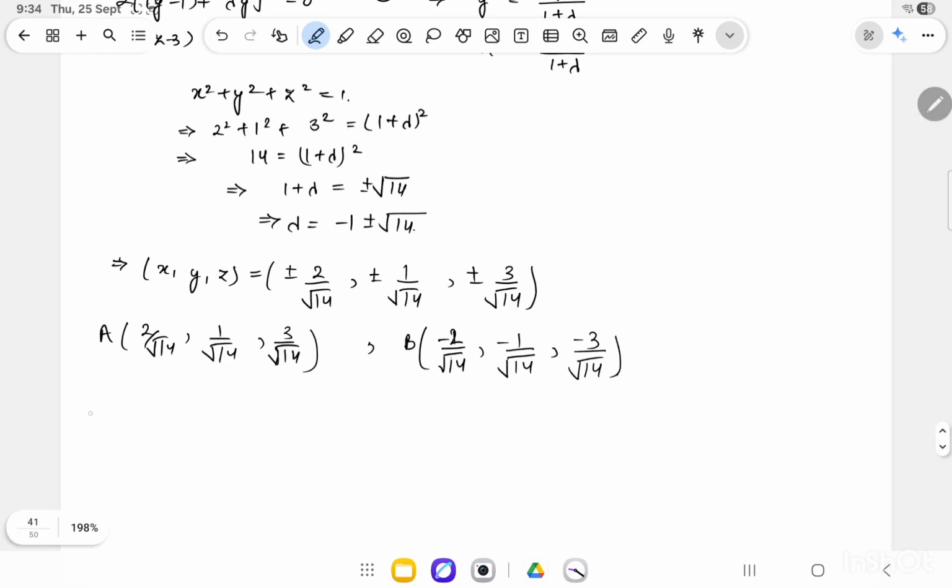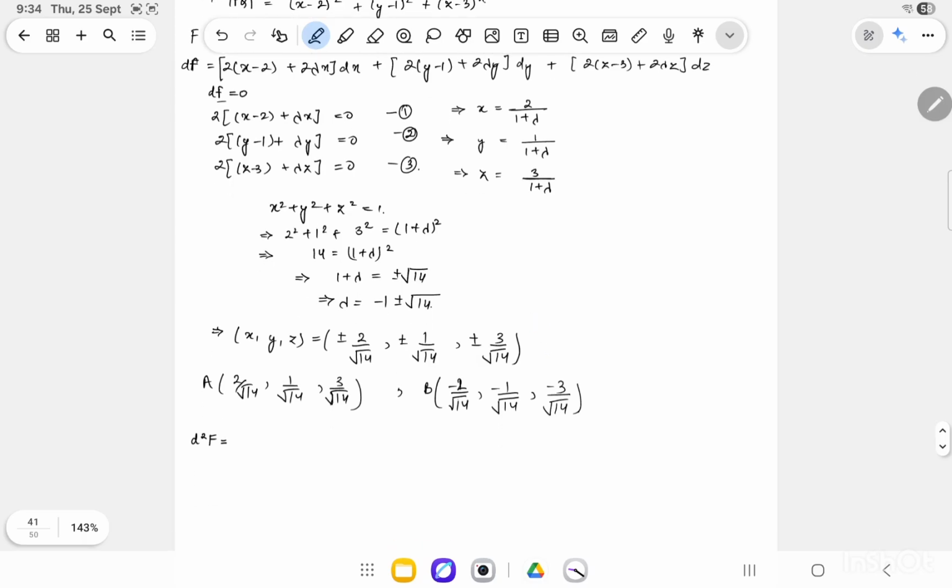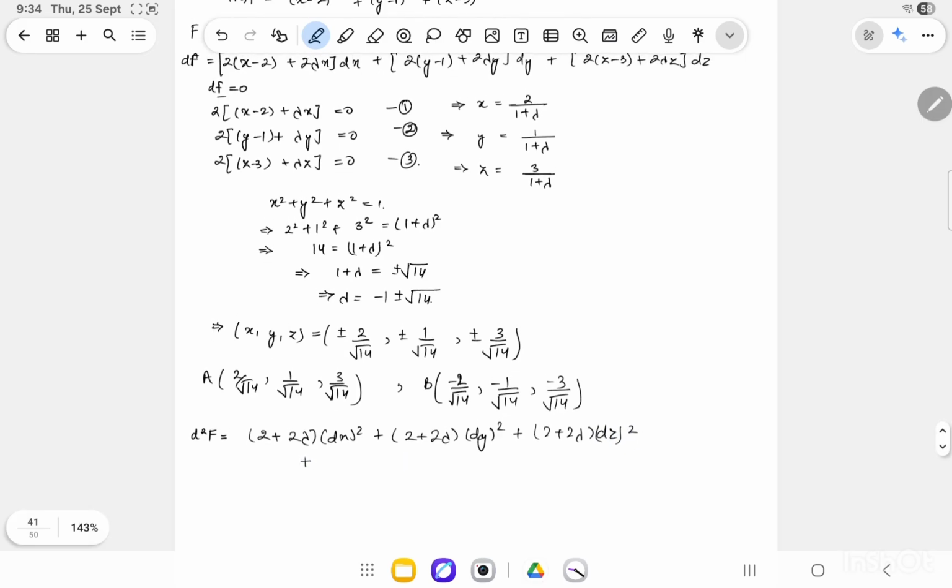So if I calculate the second order total derivative of F, that will be (2 plus 2 lambda) into dx square plus (2 plus 2 lambda) into dy square plus (2 plus 2 lambda) into dz square, plus (2 times (x minus 2) plus 2 lambda x) into d square x, plus (2 times (y minus 1) plus 2 lambda y) into d square y, plus (2 times (z minus 3) plus 2 lambda z) into d square z.